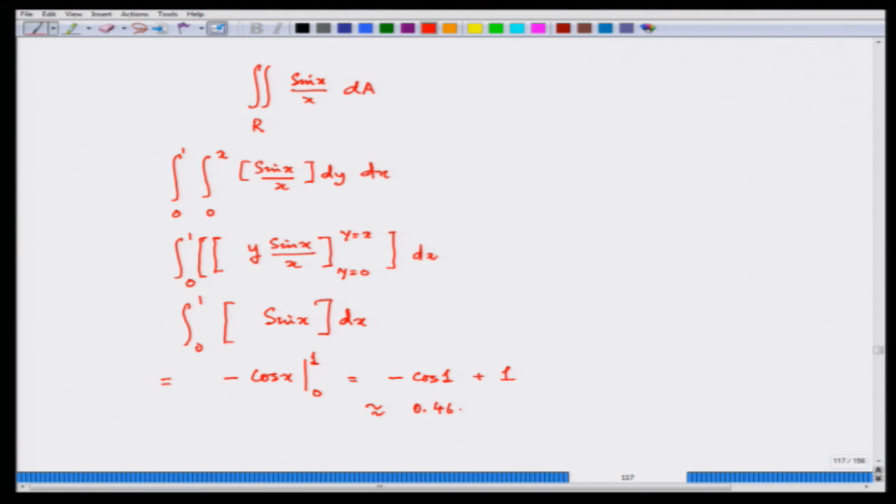Now, can you do the reverse? Then you have to compute it as follows: 0 to 1, y is kept fixed, and just as before, x can move from y to 1, and you write sin x by x dx.